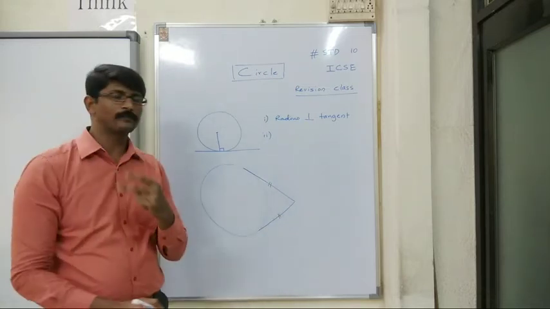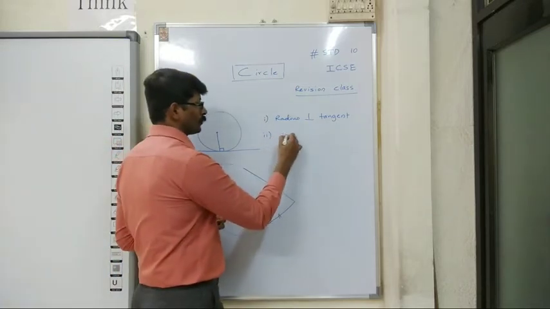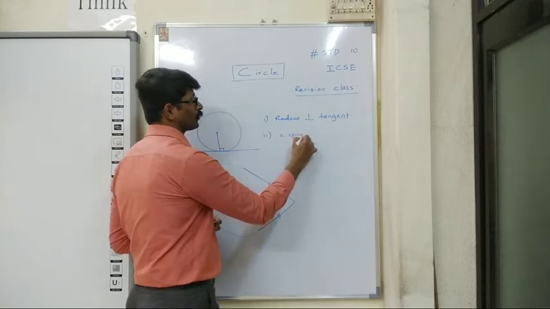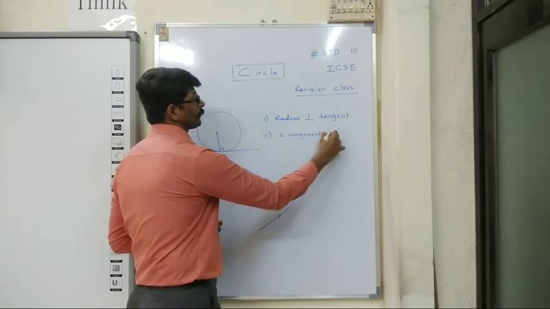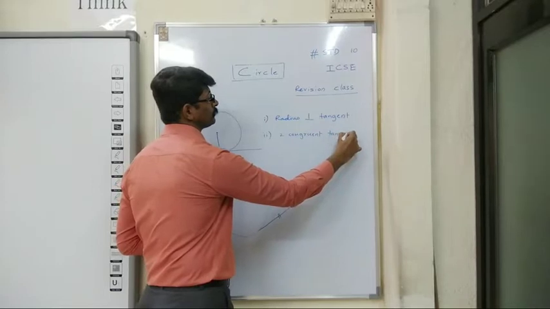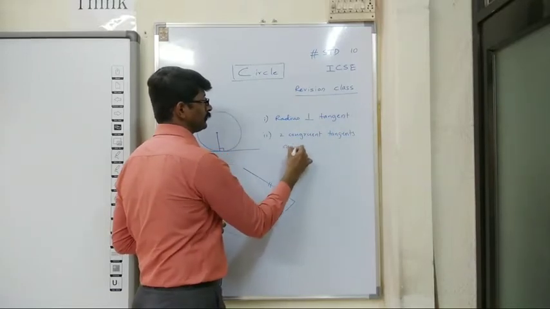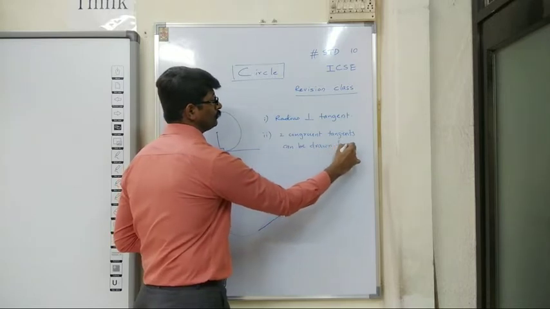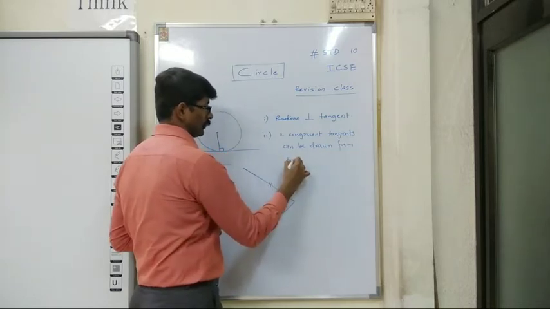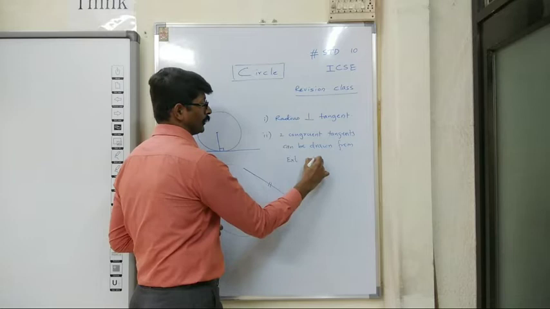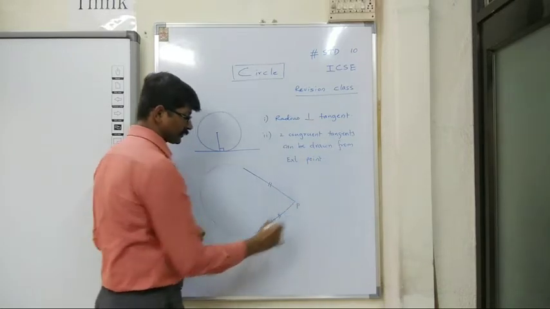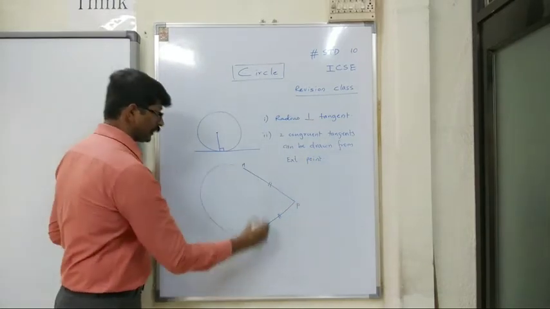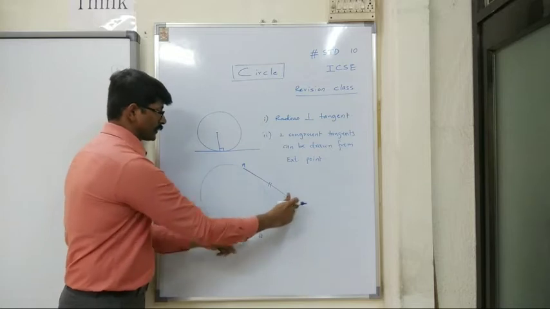So that is the second property: two congruent tangents can be drawn from an exterior point. So this is exterior point P, and PA and PB are the two tangents, and they are congruent.